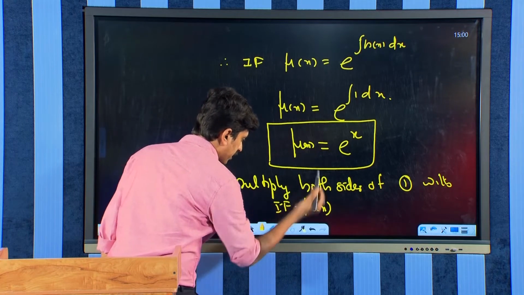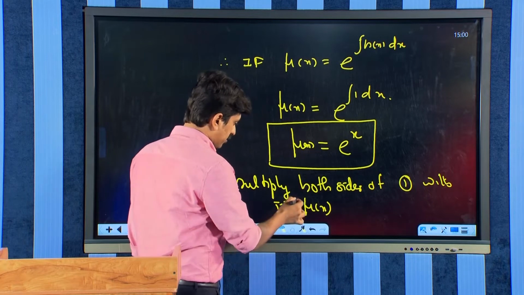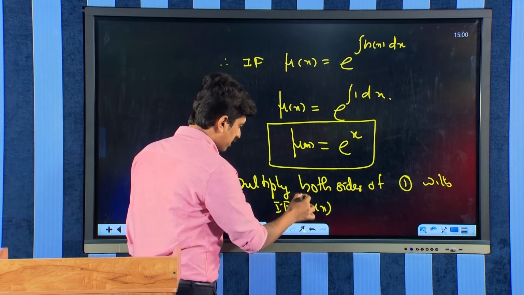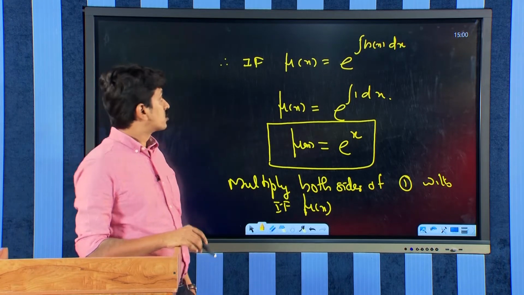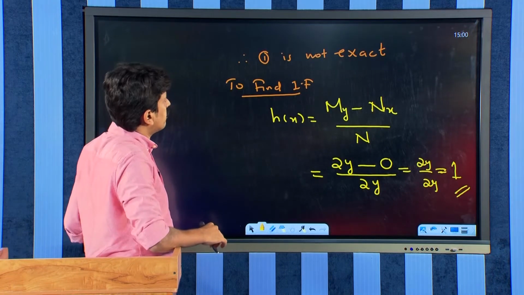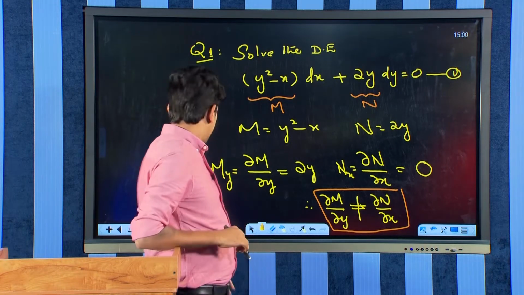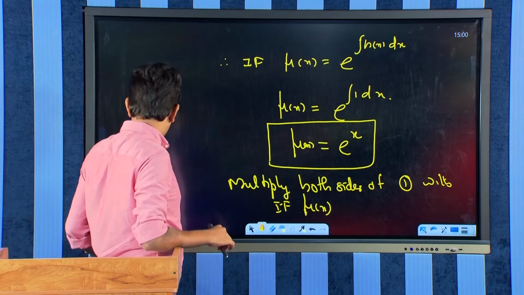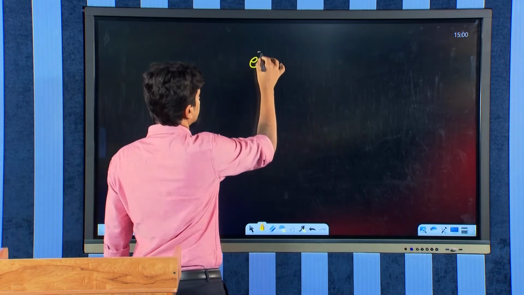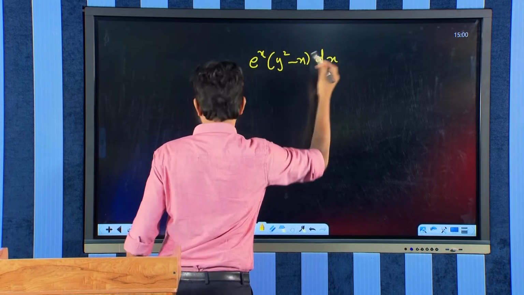Our equation 1 has the term y square minus x dx, so we can write e raised to x into y square minus x dx.